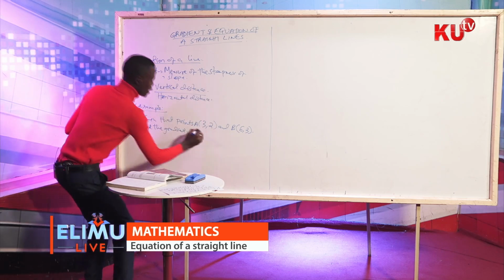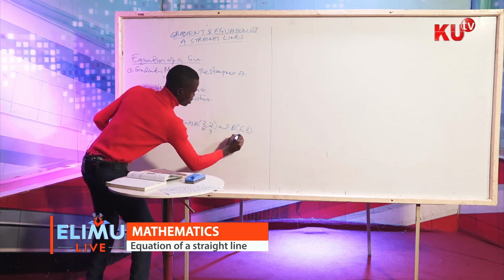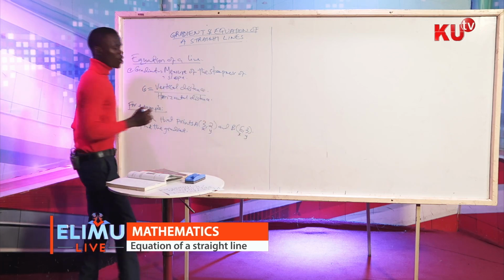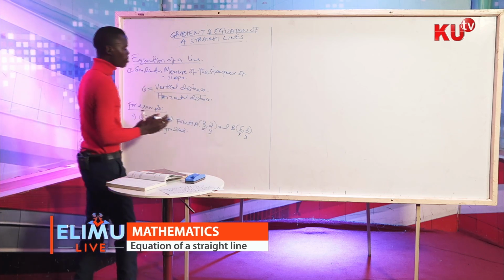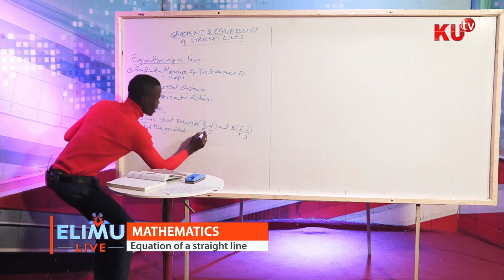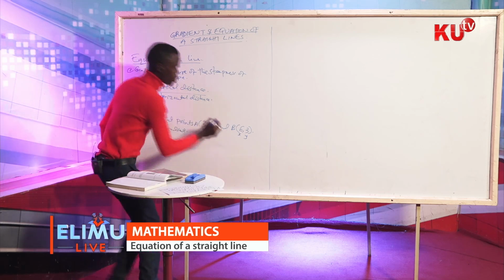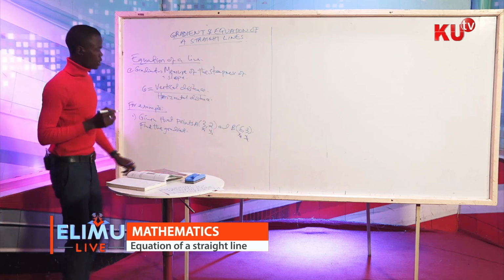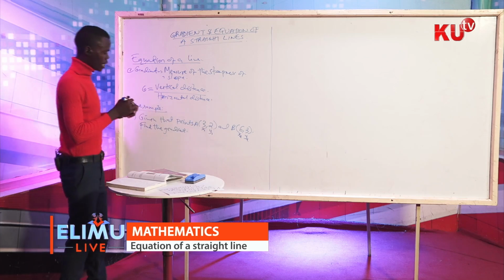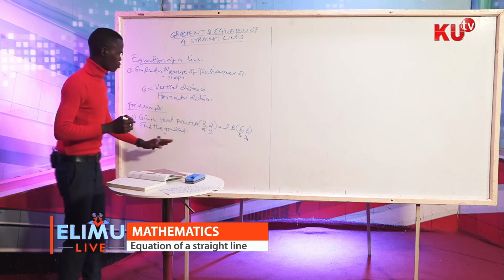We identify X, this is Y. Point B, X and Y. For easy working, point A, which comes first, we will give it X1 and Y1. Point B will be X2 and Y2.